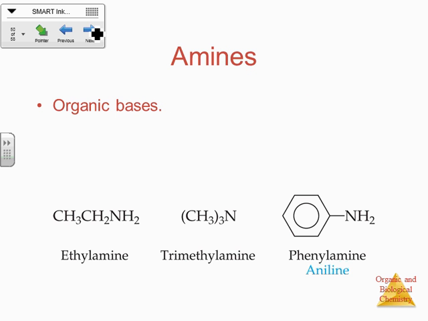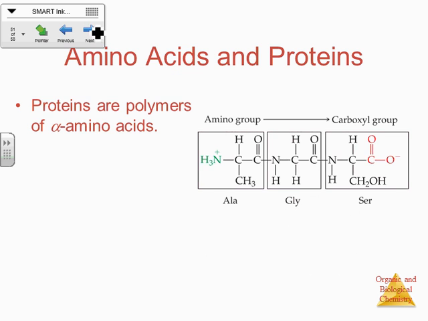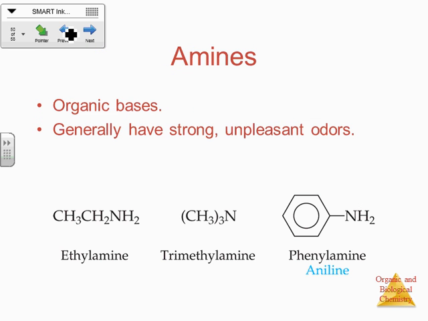Amines, you just have a nitrogen attached to a carbon. And amine might sound familiar in the sense of amino acid. These are sort of the base of amino acids. These typically have strong unpleasant odors.